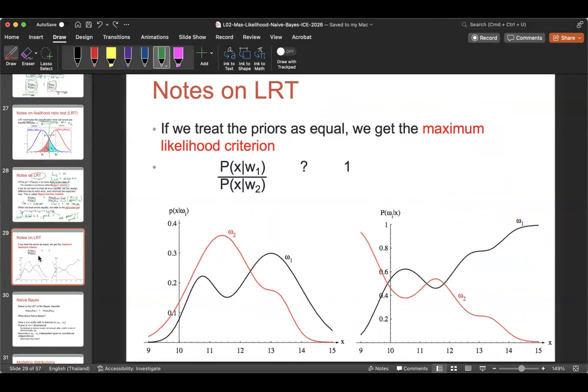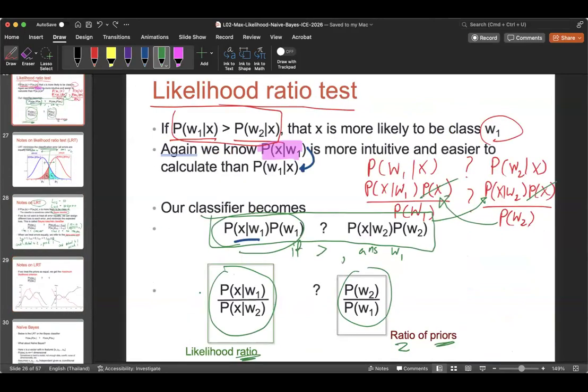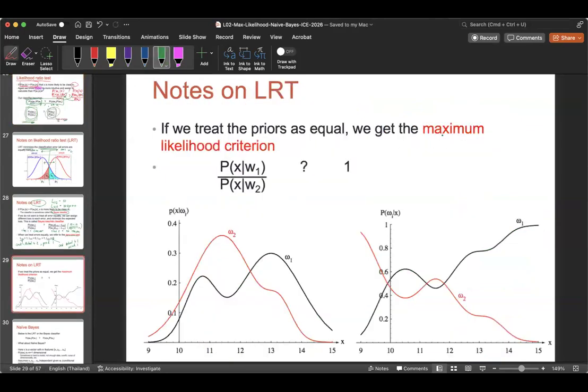Another variant of LRT is called the maximum likelihood criterion. Before, we compared this part with the priors, but in the maximum likelihood criterion, we compare this term with 1.